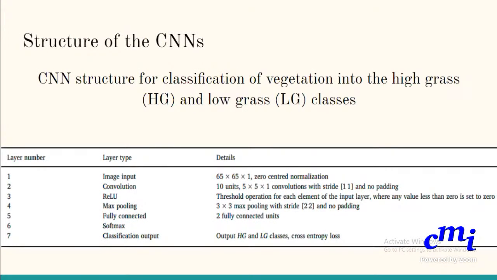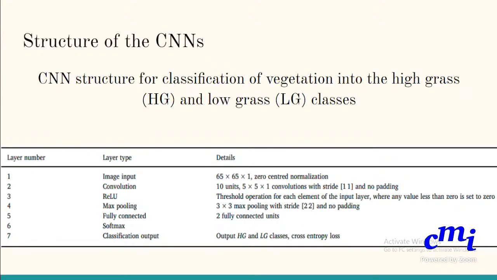So, the structure of the CNN. The authors have developed two networks. One is for the classification of vegetation into high grass and low grass classes, and another one we will see later. Here we have first the input layer, which is a 65 by 65 layer, and then 10 convolutional layers with 5 by 5 convolutions and 1 by 1 strides with no padding.